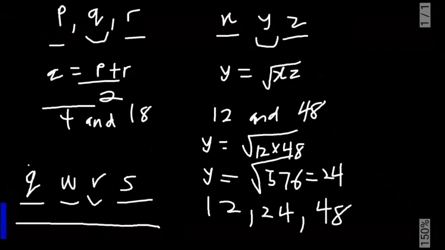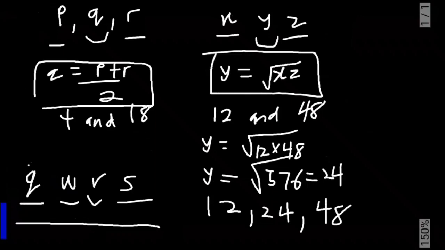We are not going to be able to use this formula any longer. If it was that of the arithmetic progression, the geometric progression also, we are not going to be able to use this any longer.